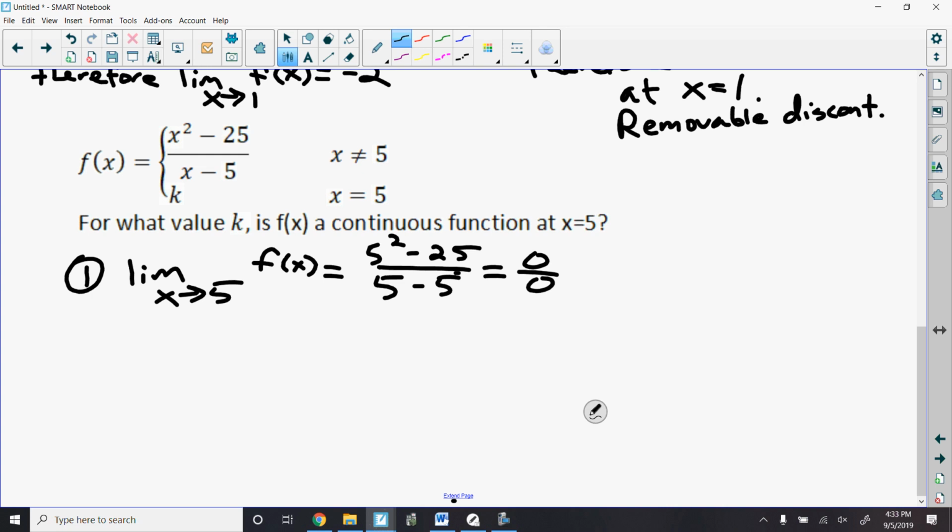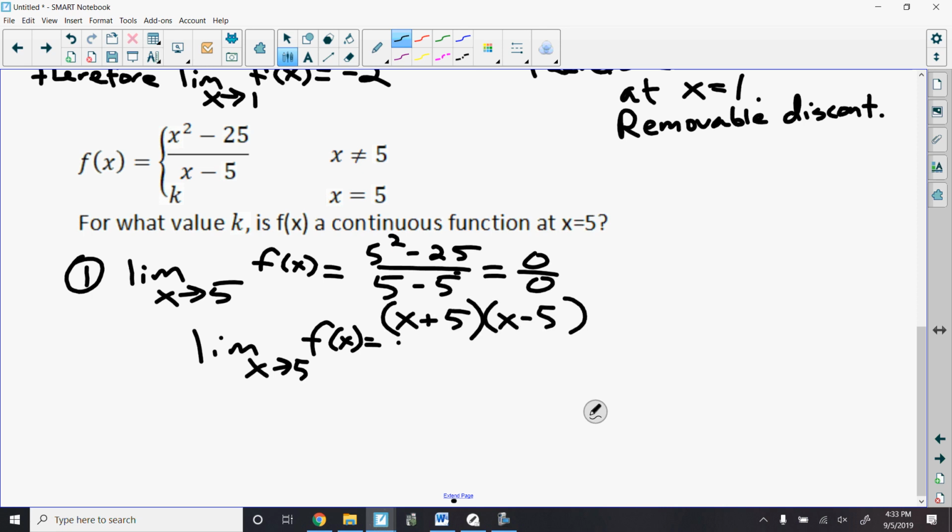So I have to think about what can I do with this x squared minus 25 over x minus 5? How can I simplify this to actually calculate what the limit is? Well, hopefully you see that top factors, right? So this is the same as limit x goes to 5 of f of x, right? I'm going to have x plus 5 on top, x minus 5, over x minus 5.